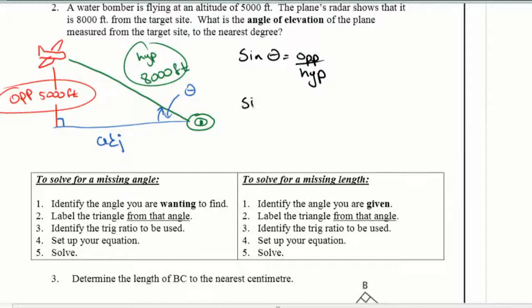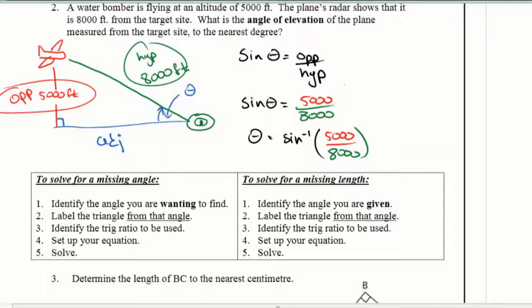So let's take the sine of theta is equal to the opposite side, which is 5,000, and the hypotenuse, which is 8,000. And in order to find theta, or the angle, I need to take the inverse sine, because I'm finding the angle, of 5,000 divided by 8,000. What does that equal?